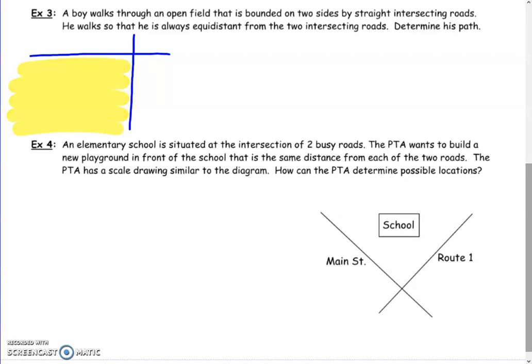And you want to walk so that you're equidistant from those two roads. It'll look kind of like this. And again, your diagram doesn't have to look exactly like this if you kind of drew an X and drew a path between them. Determine his path. This, remember, is called the angle bisector. It's the angle bisector of the angle formed by the two roads.